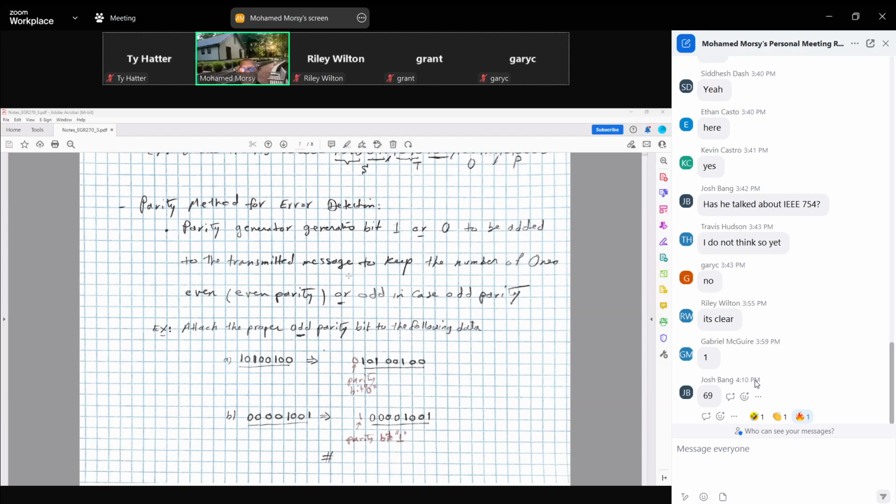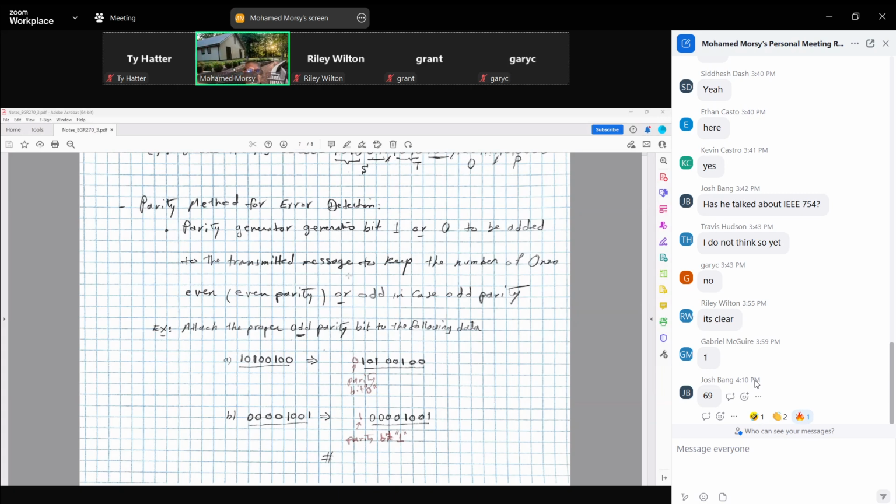Here, the order goes to the parity generator to generate bit 1. So when we add this bit 1 to the even number, it will be odd, so the total number will be odd. And it transmits the signal or the message.